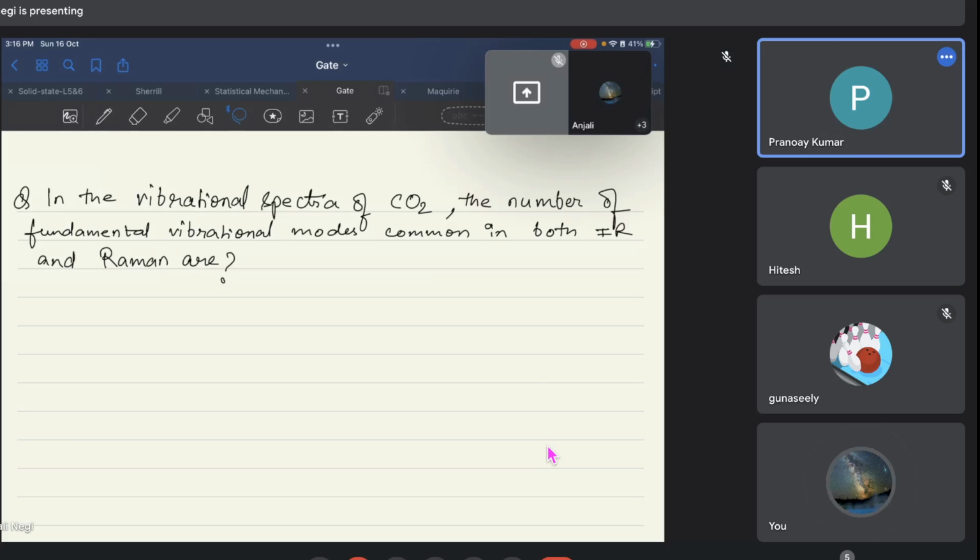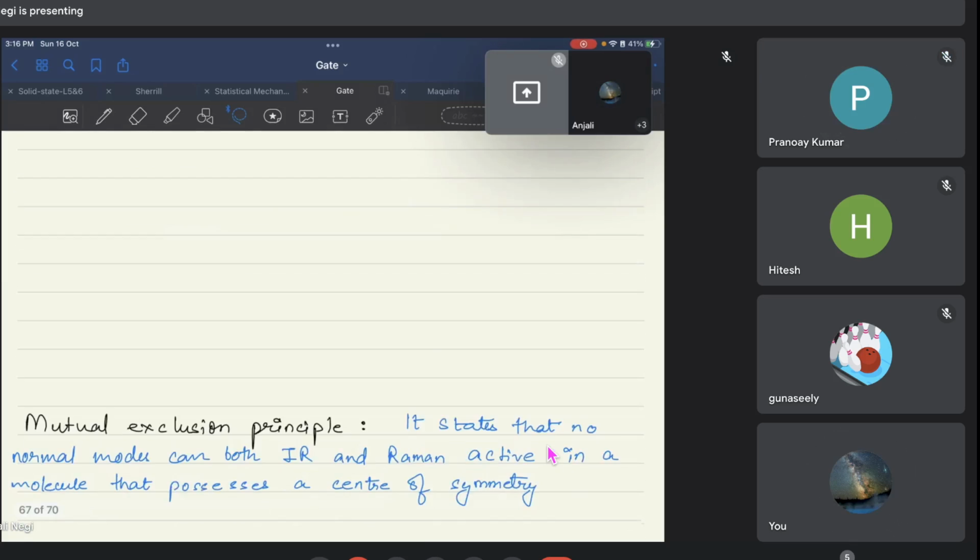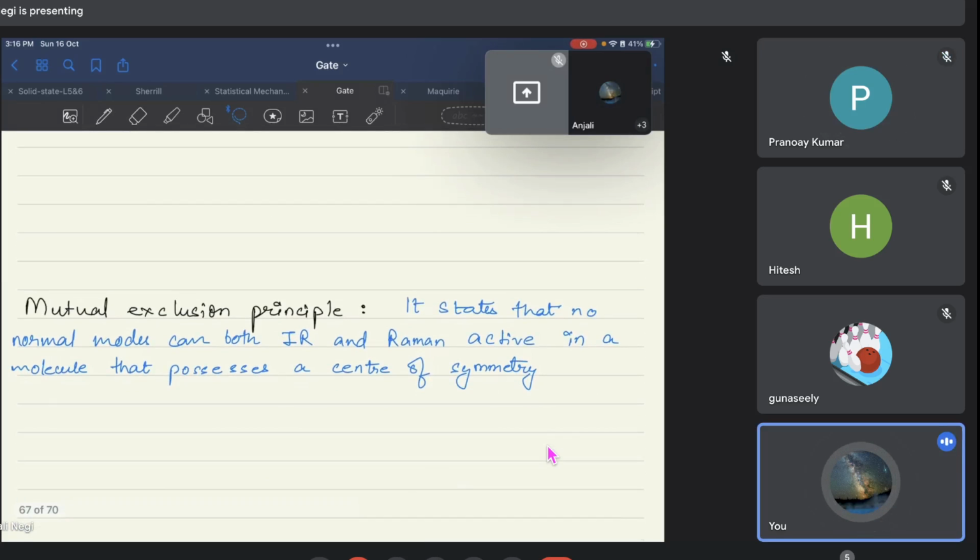Correct. So that was what Pranoy explained, and it is called the mutual exclusion principle. This principle simply states that no normal mode, or fundamental vibrational mode as we say, can be both IR and Raman active in a molecule that possesses a center of symmetry, a centrosymmetric molecule.